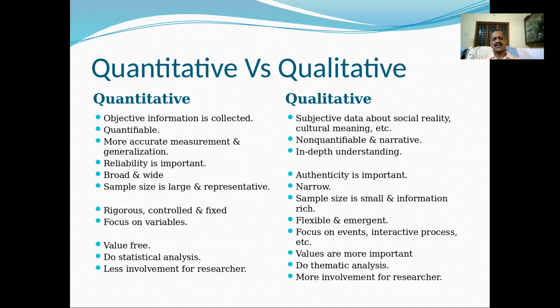In some types of quantitative studies, we control the data, and rigorous, strenuous activities are done to collect data, and it is somewhat concrete data. Whereas in qualitative studies, the sample size is small and it is information rich. Whereas in quantitative studies, the sample size is quite large.